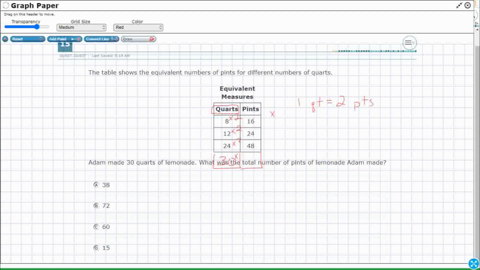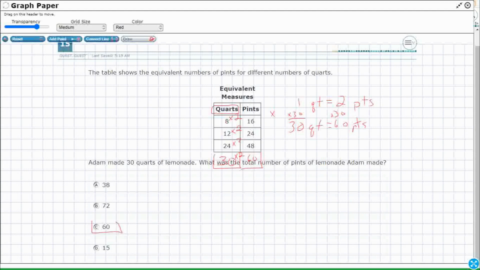Now that we've got our pattern, multiply by 2, or we could do it like this, 30 quarts, right? So we would just have to see 1 times 30 gets me 30, so 2 times 30 would get me 60. That's probably the answer that you saw a lot sooner. Multiply by 2 is going to get you 60.